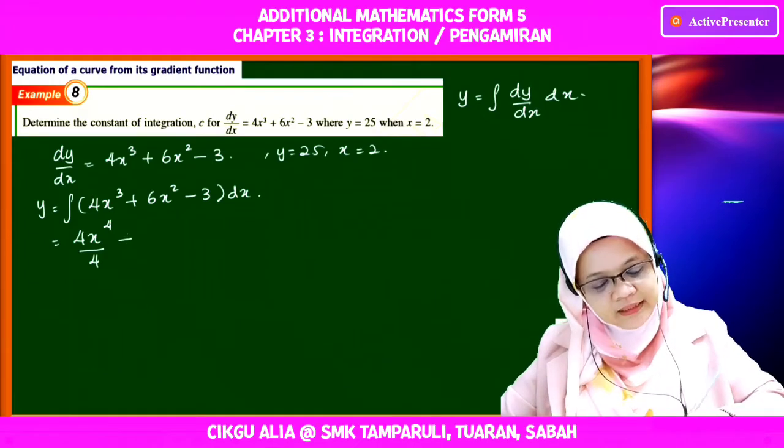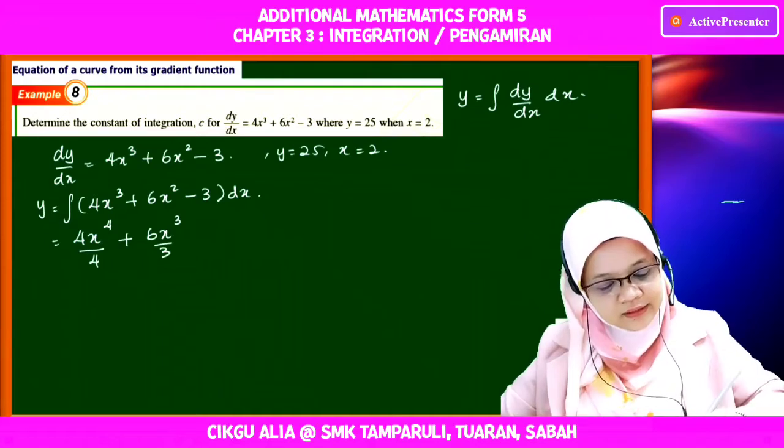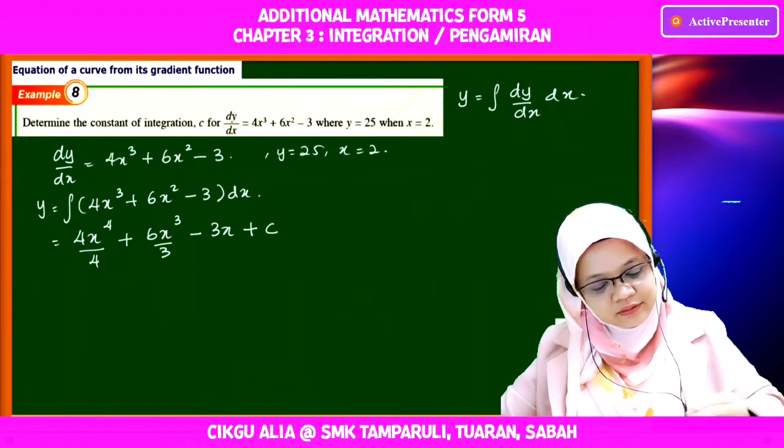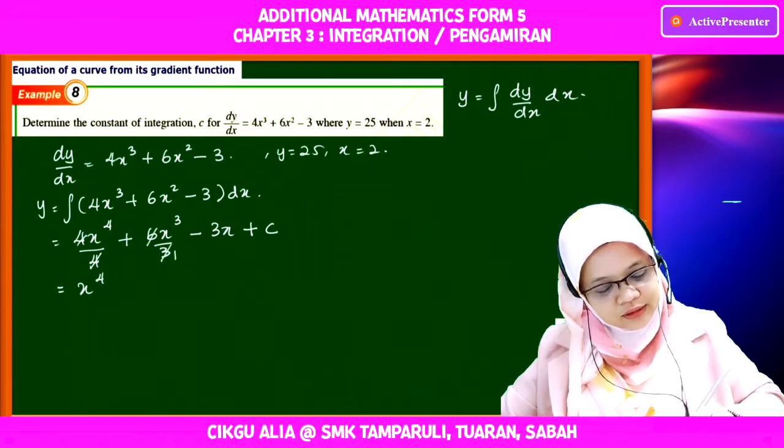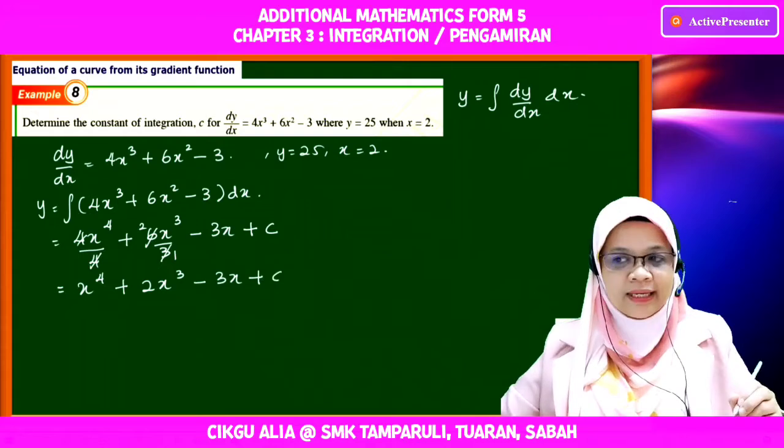Okay, plus 6x power of 3 over 3. Okay, minus 3x plus c. Okay, simplify, this equals to x power of 4, 3 times 1, 3 times 2, plus 2x power of 3 minus 3x plus c, and this is the y.